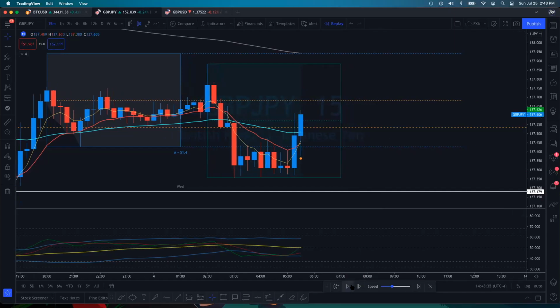You see how that one candle takes out the entire rest of the trading session that just happened? You see that?